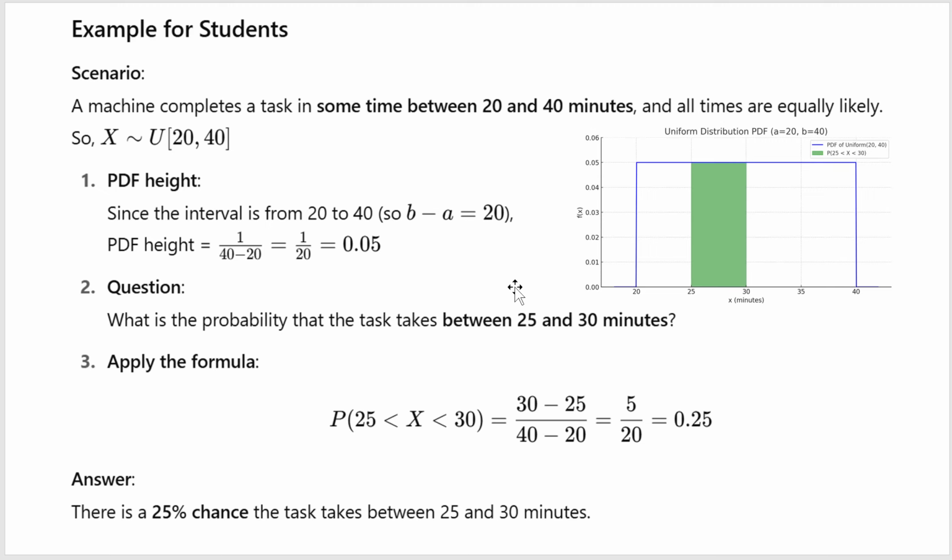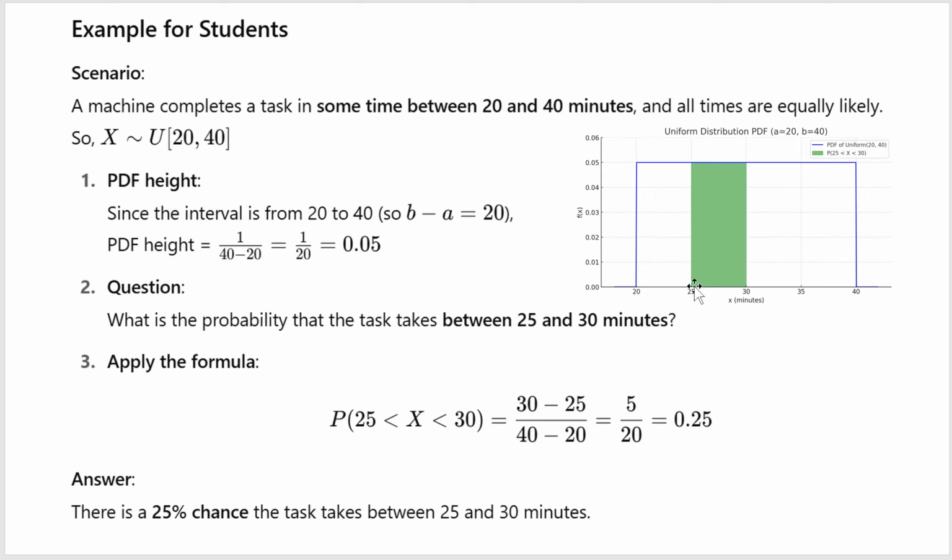The height: we know that since the area has to be 1, area is equal to height times width. We know the width, we don't know the height, so the height must be area divided by width. So 1 divided by the width, because 1 is the area, is the height. It's 0.05. So what is the probability that the task takes between 25 and 30 minutes?